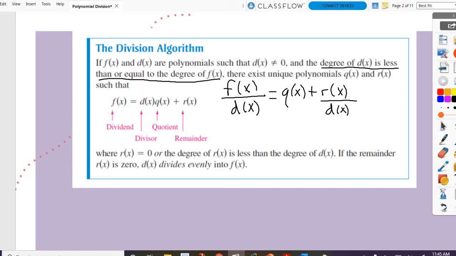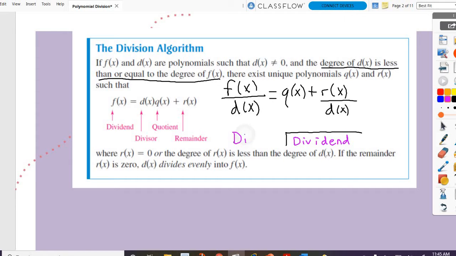Let's also remind ourselves that if I have long division, where does our dividend go? Inside. Where does the divisor go?